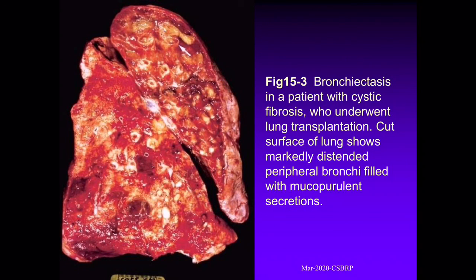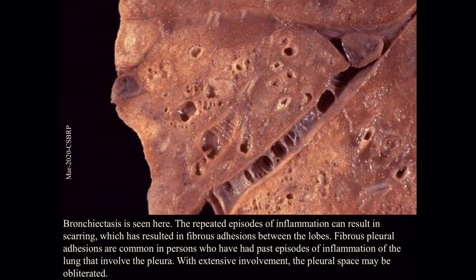This is a lung cross section showing dilated bronchioles involving the entire lung. This type of appearance is commonly seen in cystic fibrosis patients, because it's a genetic abnormality affecting every portion of the lung, whereas in typical acquired bronchiectasis, it is mainly confined to the bases of the lung.